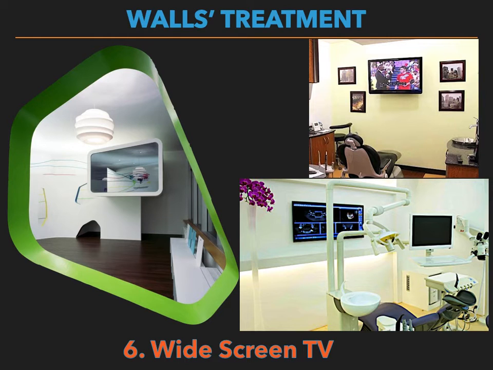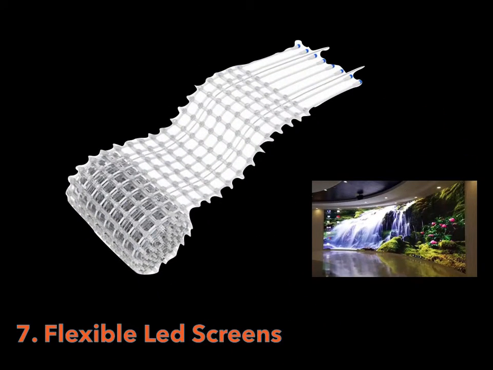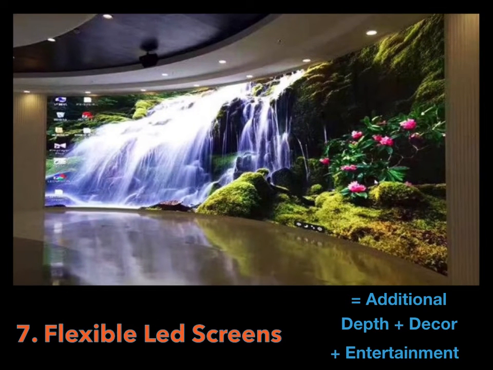They are useful to project educational movies as well as patients' treatment images and x-rays. Flexible LED screens are now available and can be adapted to any straight or curved wall in your office. You can use them to project moving, high-definition 3D images stored on a flash drive on your PC. The net result is virtual depth, decor, and entertainment.